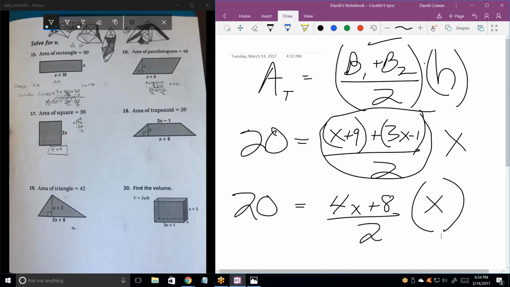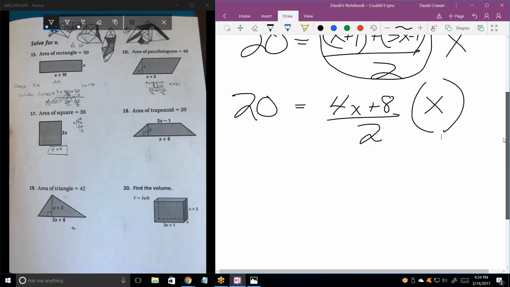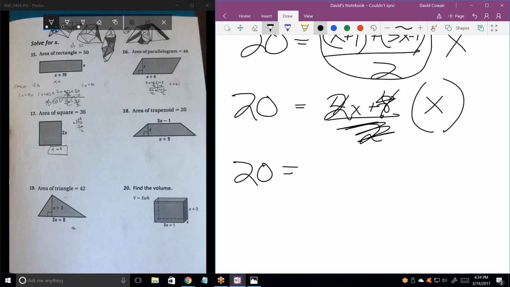Okay, I'm going to go ahead and divide top and bottom by 2 so that this will turn into a 2, that'll turn into a 4, and I can get rid of that 2. Now I've got 20 equals 2x squared plus 4x. You with me? Yes. Okay.